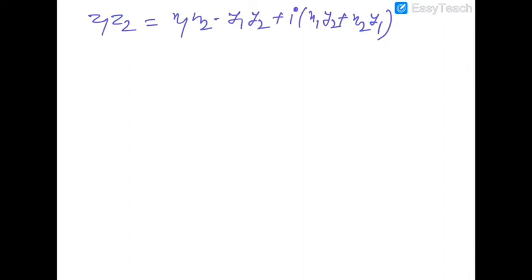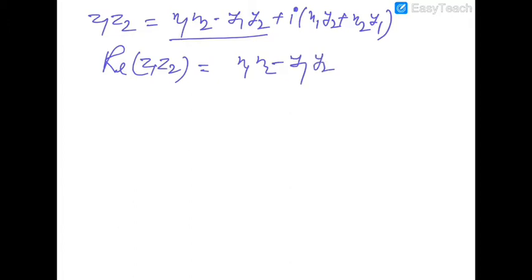Now if we write real of z1 into z2, we take this part only, so it is written as x1 x2 minus y1 y2. We take this as equation 1.